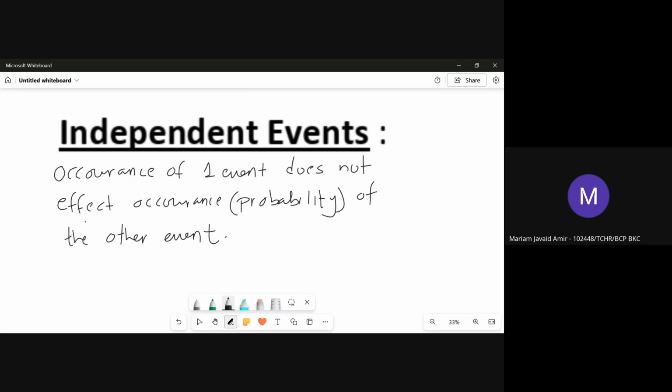So all the throws of a dice are independent events. ये नहीं हो सकता कि पहले 3 आ गया तो अब 3 आने के chances कम है. पहले भी 3 आने के chances 1/6 थे, दोबारा भी 1/6 है. So throw of a dice is an example of independent events.